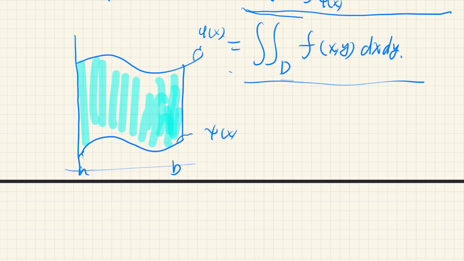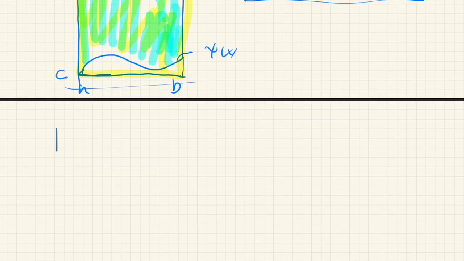And we define a rectangular region that completely contains this region D. So for example, let's consider this rectangle. Let's say this is d and this is c. So let's define R as the closed interval [a, b] times [c, d].